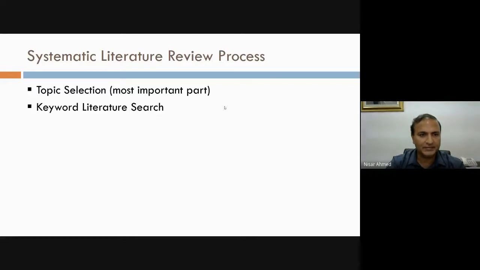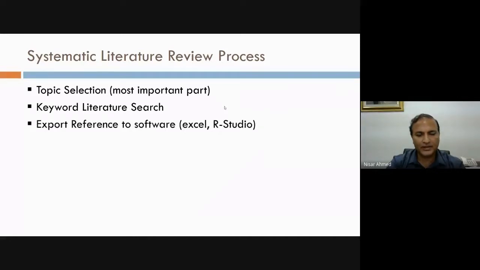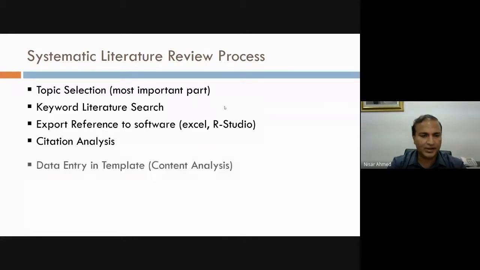And the second step is the keyword literature search. We use some databases to find out or to select our articles. And then we export the references into software. Sometimes we use Excel, and sometimes we use RStudio, which is very easy to use. And then we do the citation analysis, and then we do the content analysis using Excel.